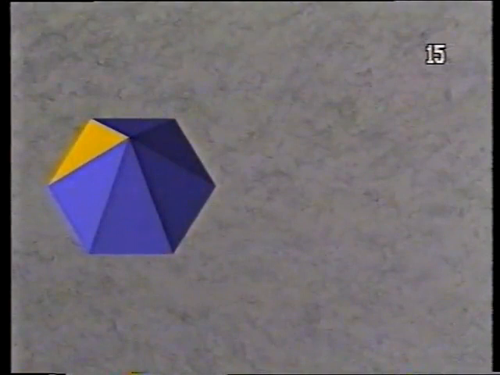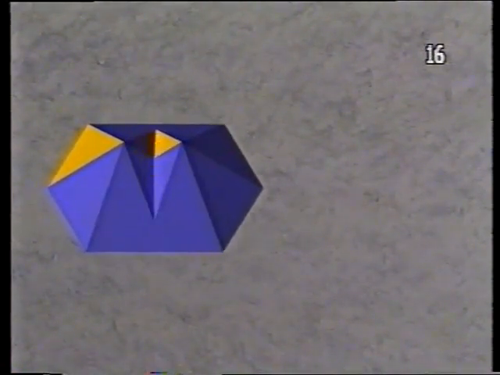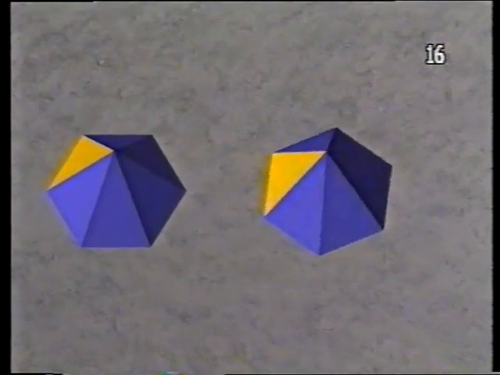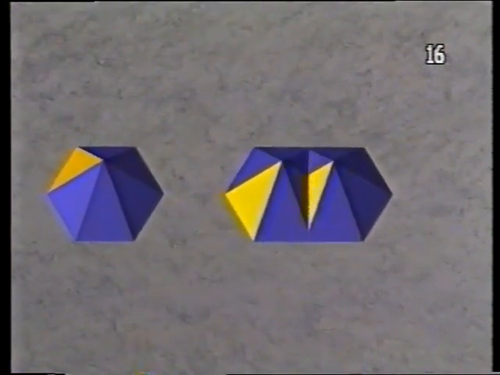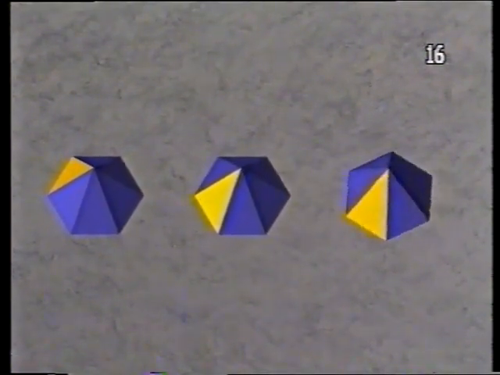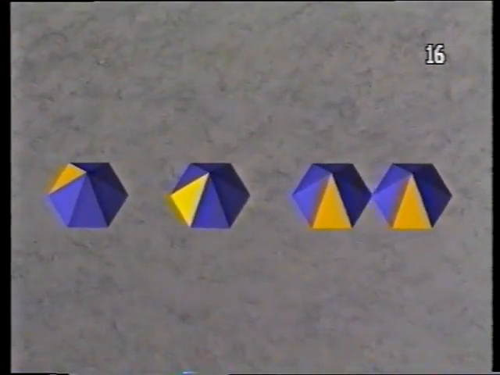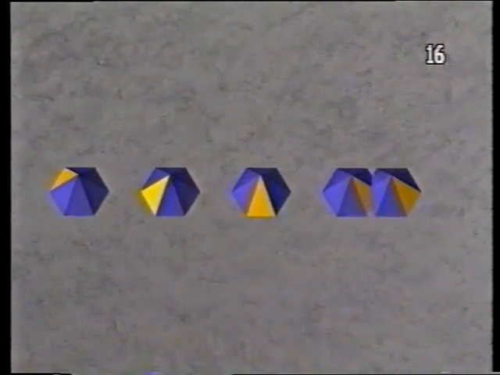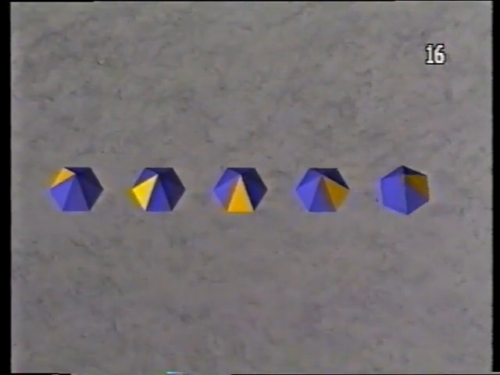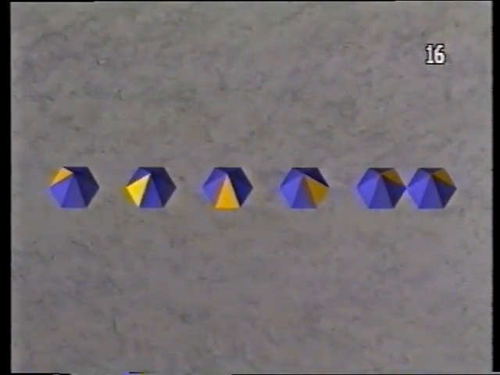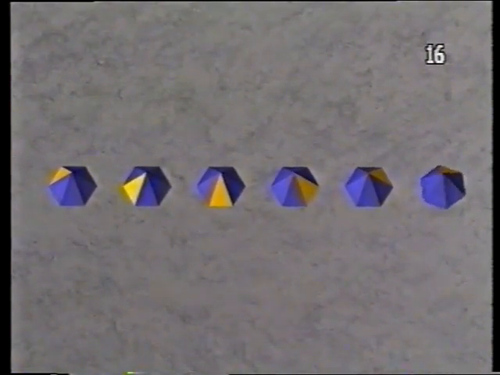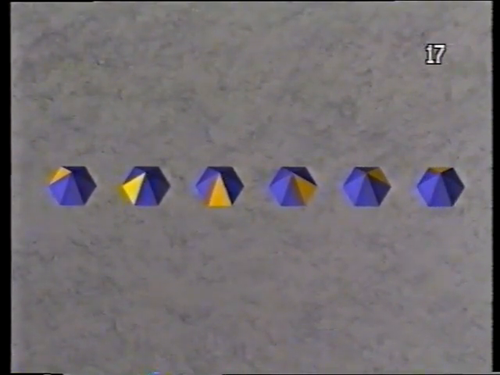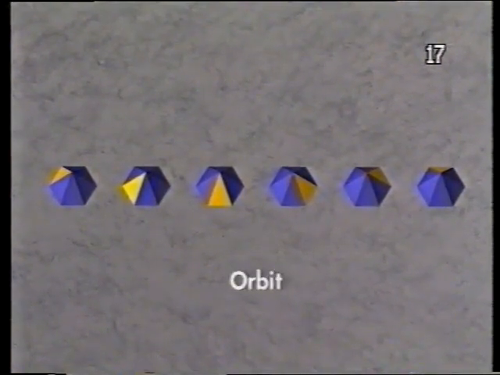Well, watch what happens if you let each symmetry act on it in turn. That gives you all the other colourings in the layer. This set is called the orbit of the colouring.